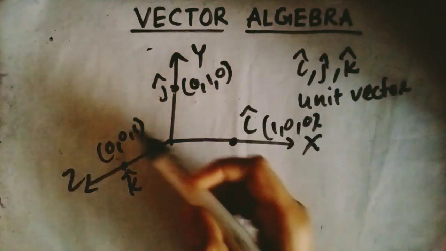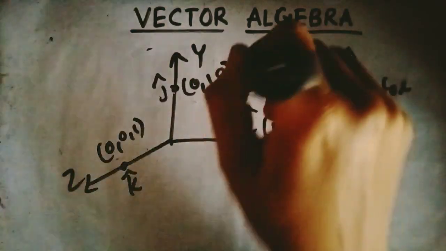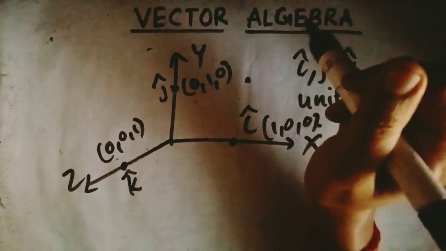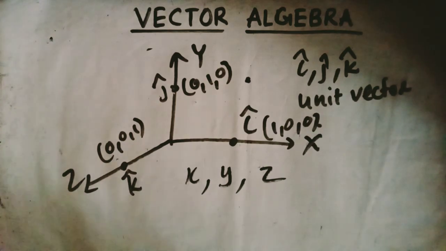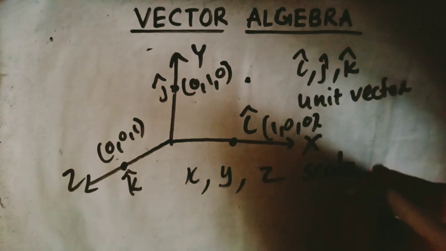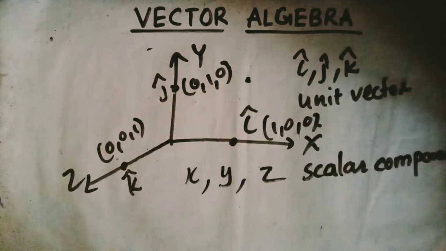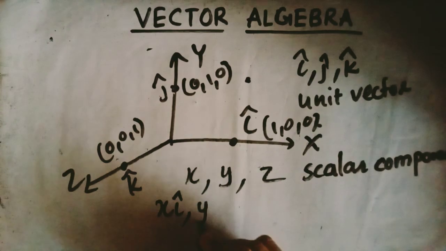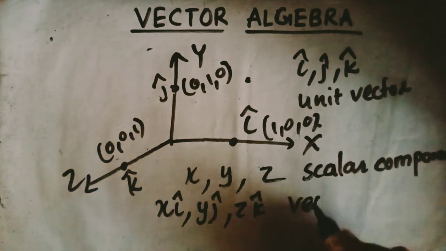So x, y, z. Now any point in this 3D space, if we take any point, say x, y, z, then x, y and z, that is the coordinates, are called the scalar components. These are your scalar components. And x with i, y with j and z with k are called vector components.